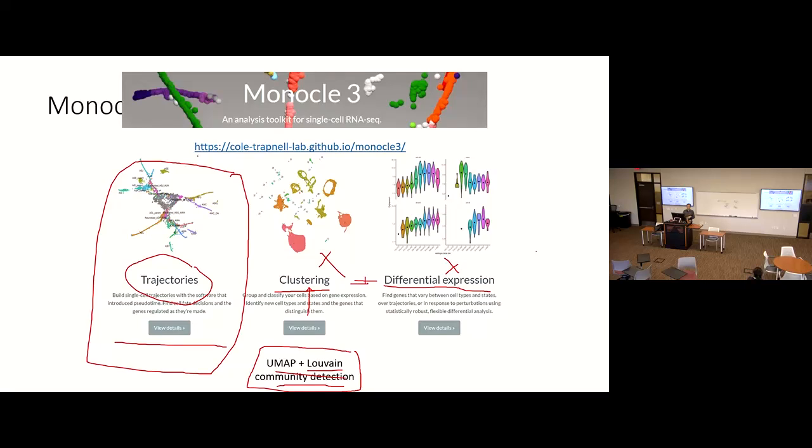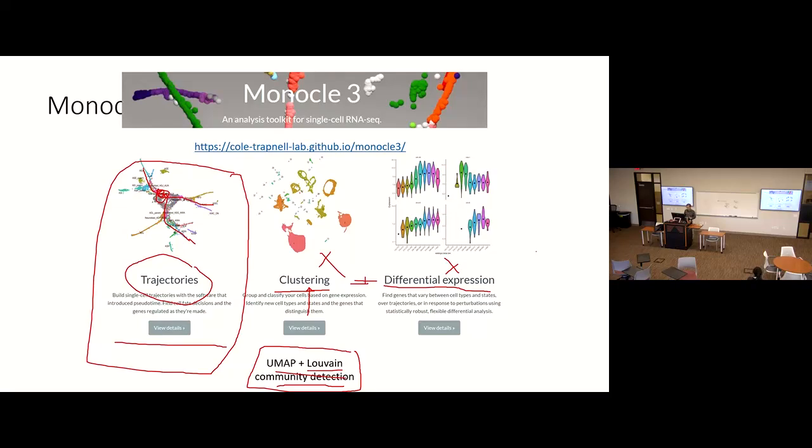In the middle, you need to select where you believe the root to be, because when you have the network and want to find the trajectory, you need to indicate where you believe the beginning of the trajectory is. After that, the package will automatically build the trajectory for you and give you the pseudo-time.